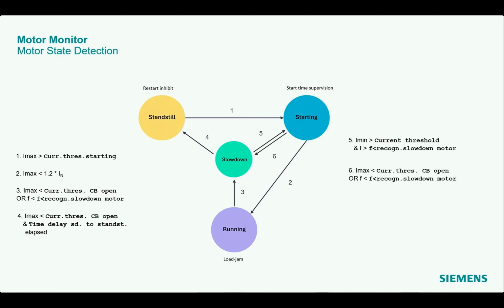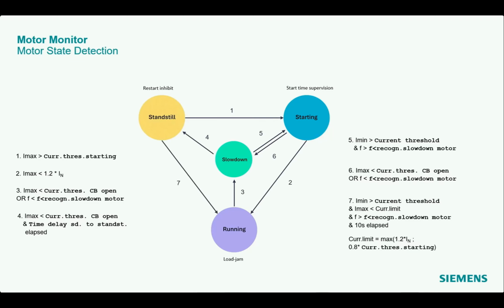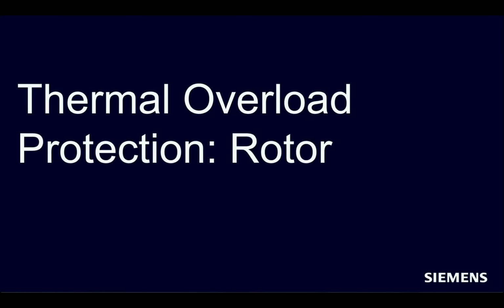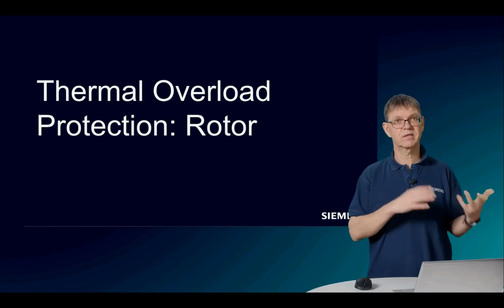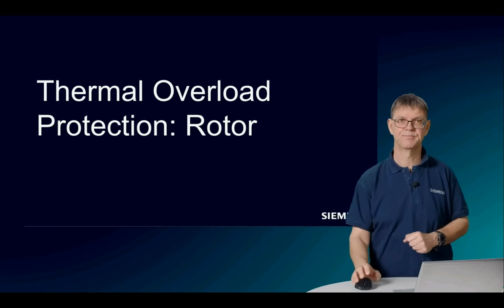I don't want to go into all these conditions. In the documentation it's here, so if you want to read that later, you have it there. Good. So this state model helps to understand the current state of the motor, and depending on this state, we activate several functions.